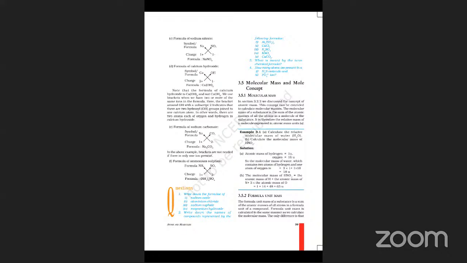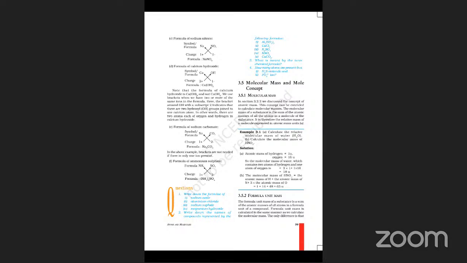Generally they ask about the molecule. In the exam, obviously they will give you the atomic mass of these elements. But as a 9th standard student, you must know at least the first 20 elements, their atomic number and mass number.